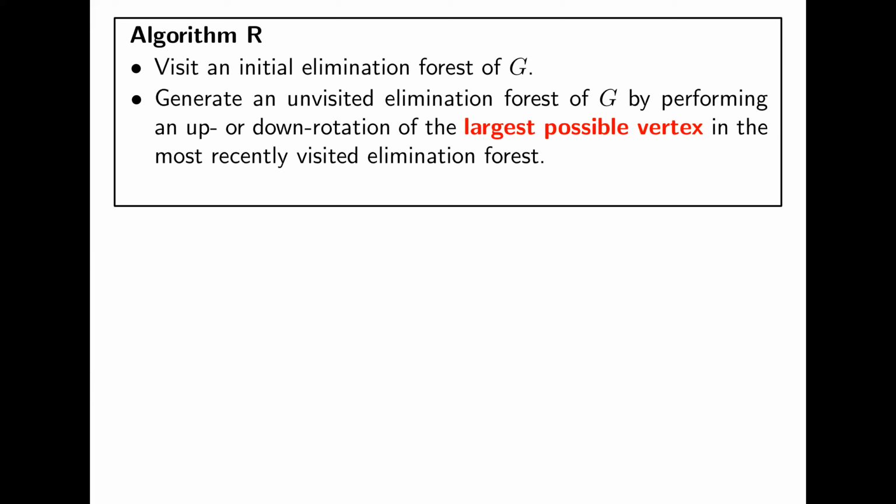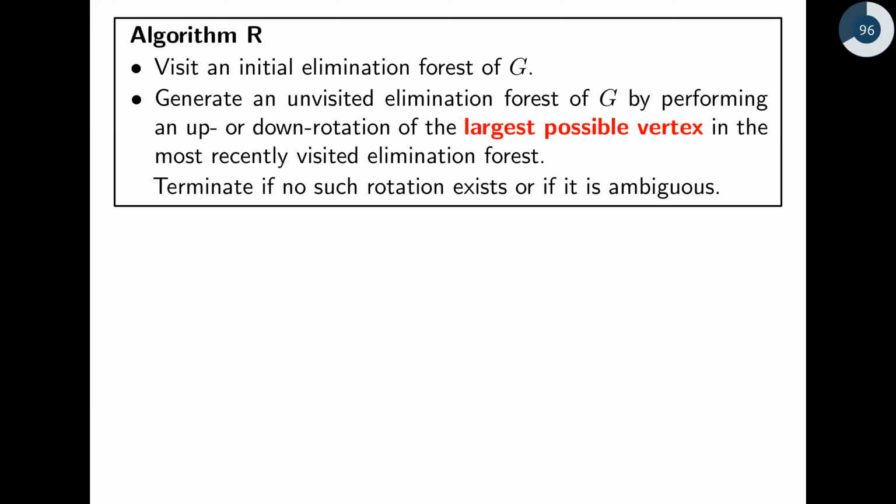There are two ways this can go wrong. It can happen that no such tree rotation exists, then you are stuck. Or there can be multiple possible rotations. For example, the largest possible vertex may have several smaller children, and then you don't know with which one to rotate, because the algorithm doesn't break ties, at least in the way it's stated.